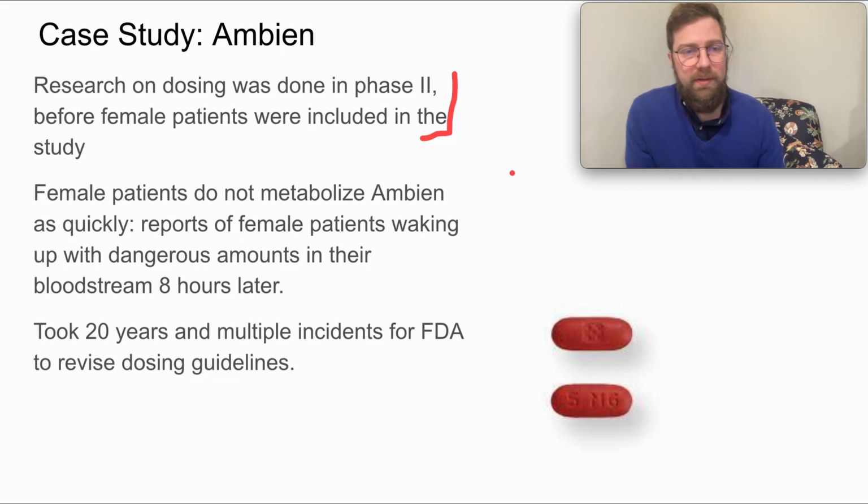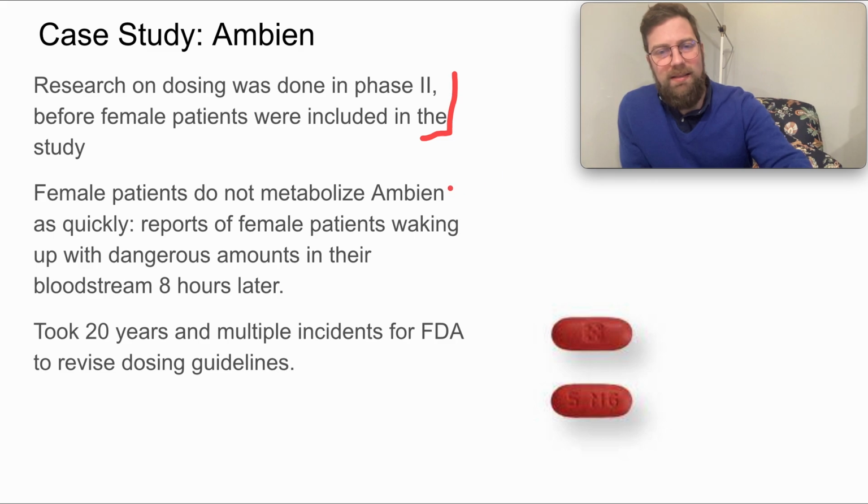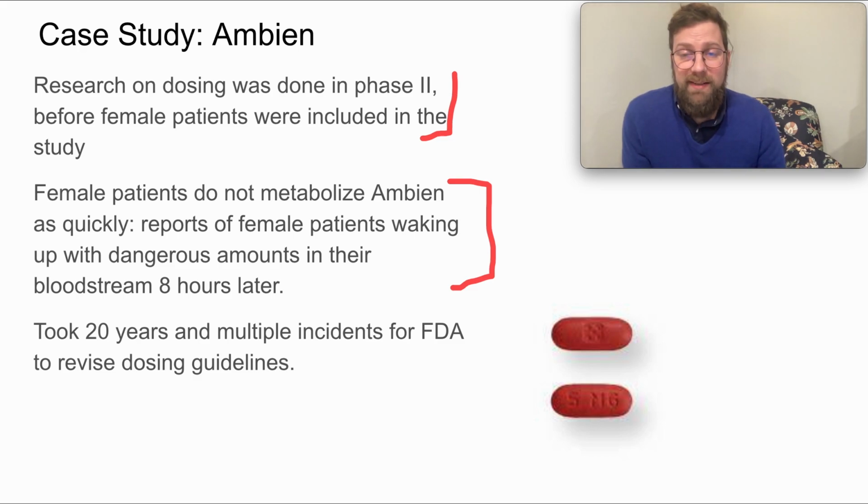But what happened is that they worked out a safe dosing strategy and then made the drug available to both men and women. But it turns out that a female body responds to Ambien in different ways than a male body does. I don't have the full explanation.